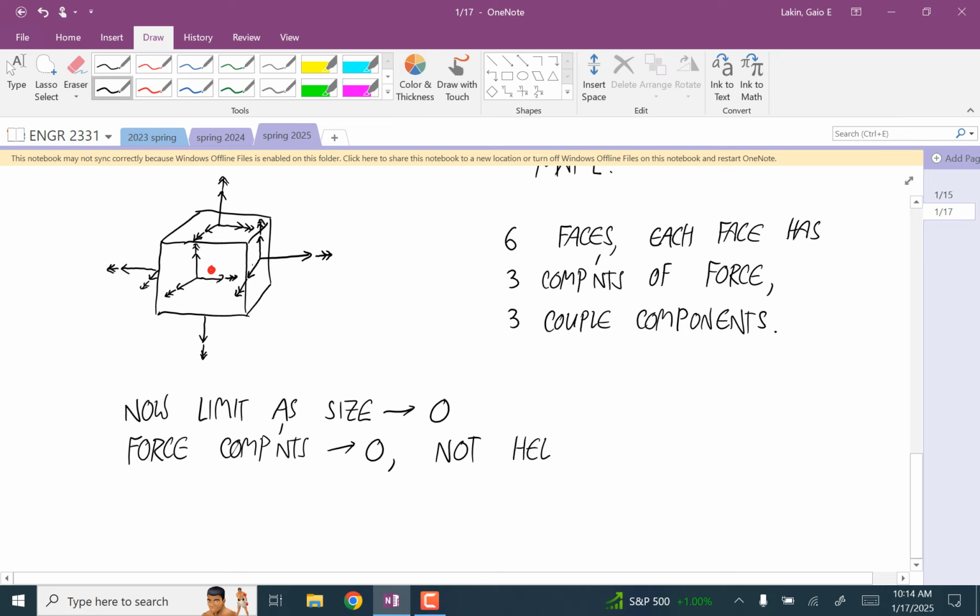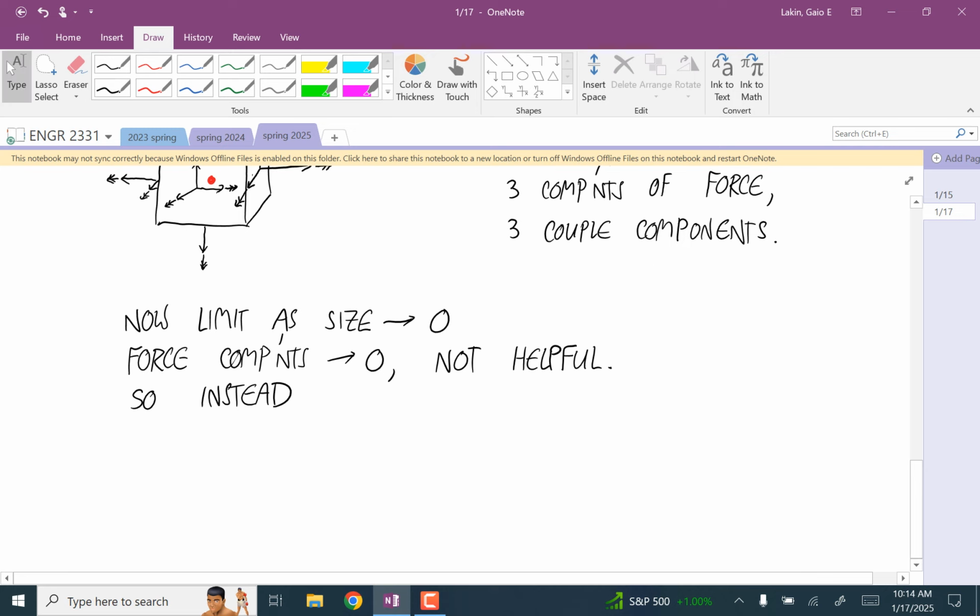That's not helpful. So instead of thinking about the forces applied, describe these forces or describe these loads as force per area components.